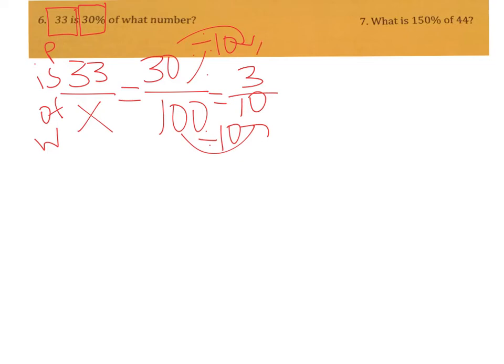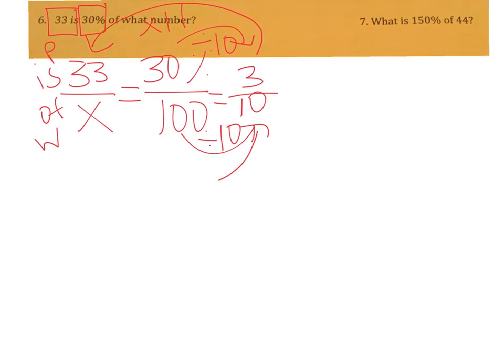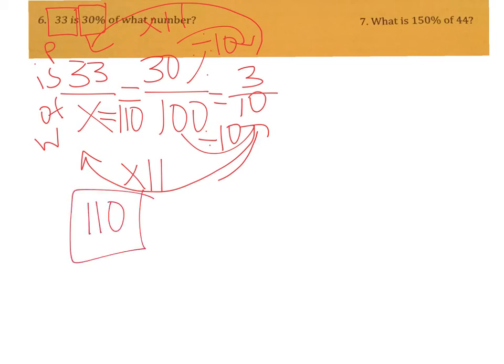And then I notice that 3 to 33, I can scale up by 11, so times 11. So we'll do the same thing to the bottom. So 10 times 11, which will be 110. So my answer, or my whole, is going to be 110.